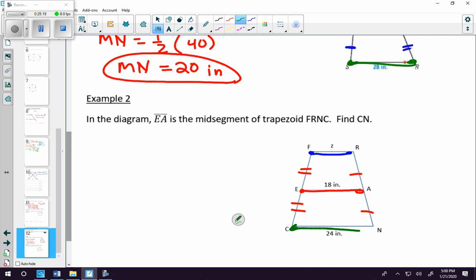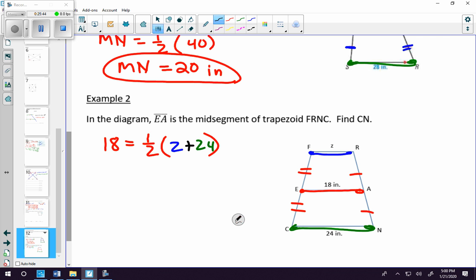But we're still applying the same equation. So, the mid-segment equation. We know the mid-segment length, and we know that it's half of the sum of the two bases. Well, one of the bases is represented as a variable z plus the length of the other base, which is 24. So now we're just looking for one of the base lengths.